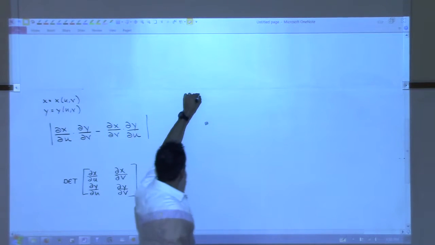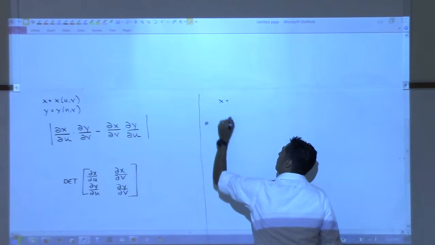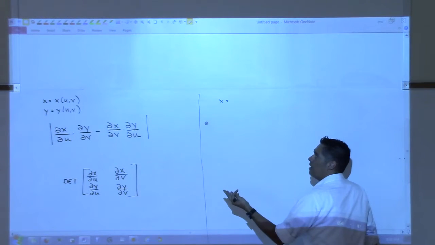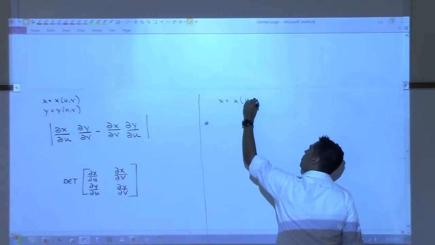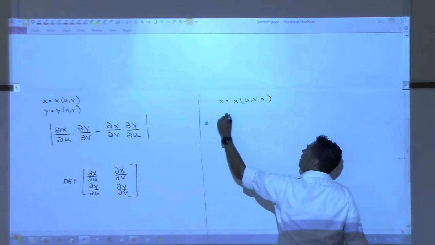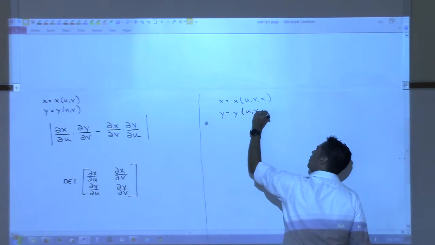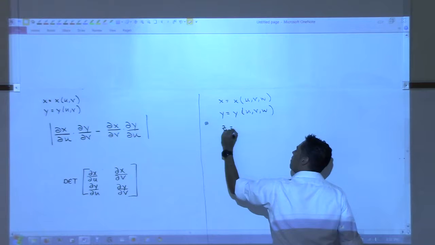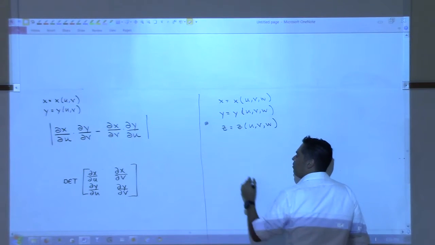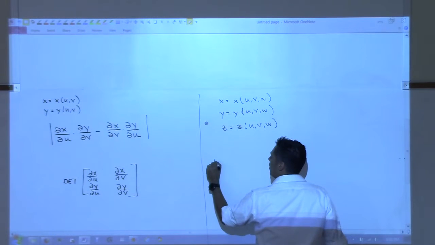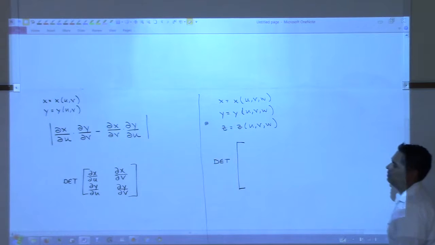So if we go into a conversion that involves 3 variables, so x becomes some function of, let's say, u, v, and w, y becomes some function of u, v, and w, and z becomes some function of u, v, and w, then the Jacobian is going to be the determinant of what?